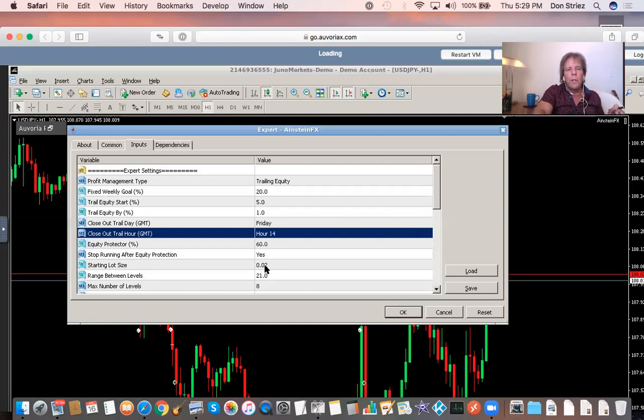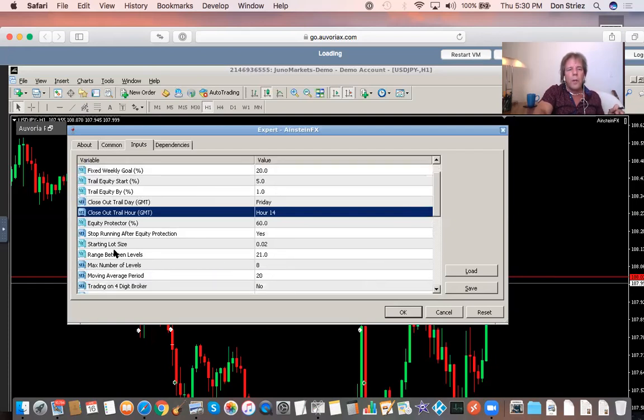So again, we have the starting lot size. And then here's all the other risk management parameters. There's the range between levels, 21. That's the amount that it has to move before it makes another purchase. The maximum number of levels it can go down in this setting is 8.